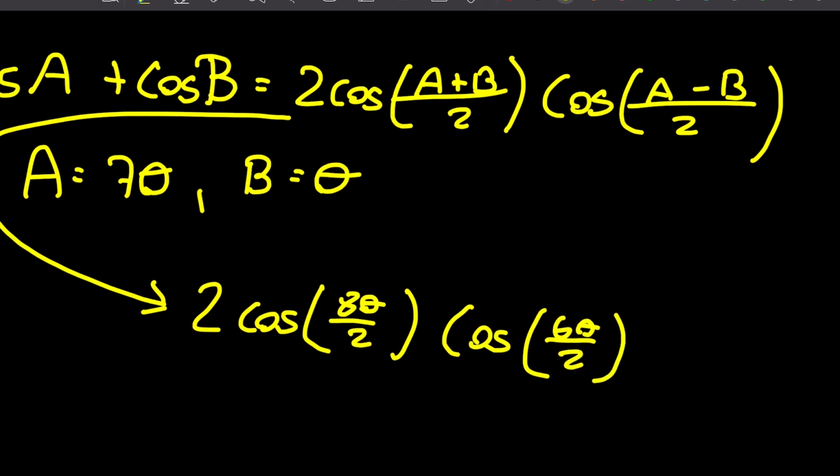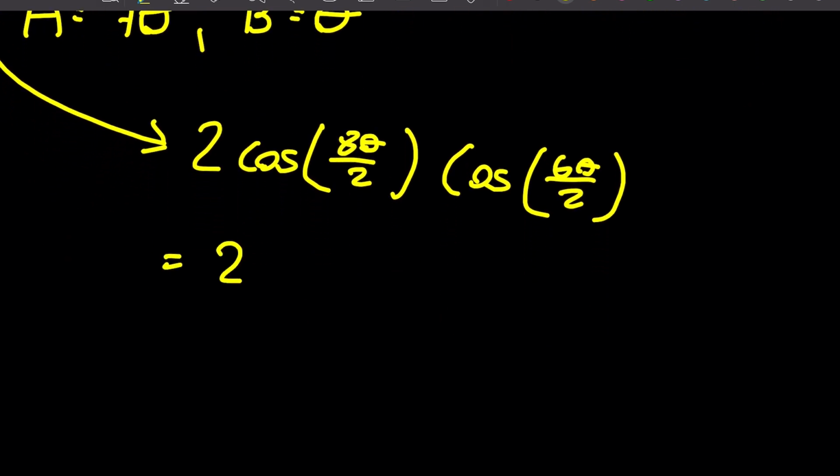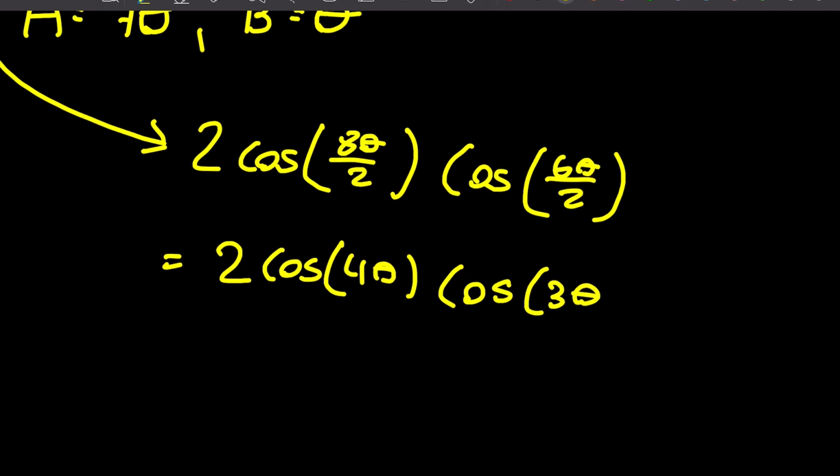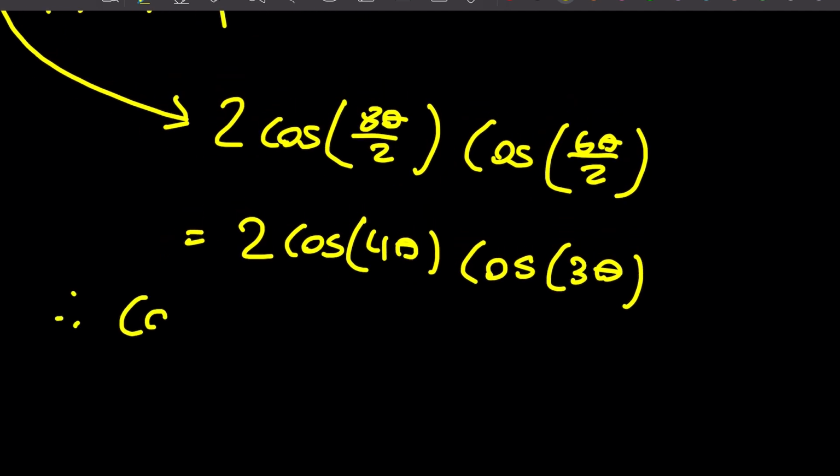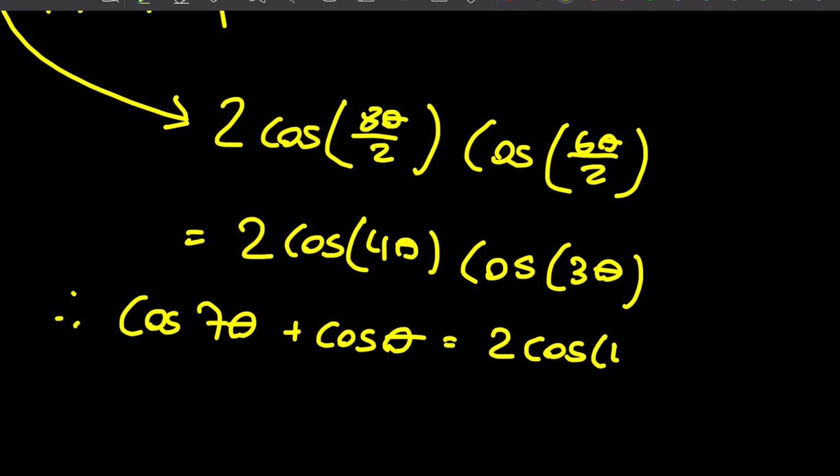Now this is going to be equal to 2 times cos of 8 theta over 2, which is just 4 theta, multiplied by cos of 6 theta over 2, which is just 3 theta. So therefore, cos of 7 theta plus cos theta is going to be equal to 2 times cos of 4 theta times cos of 3 theta.